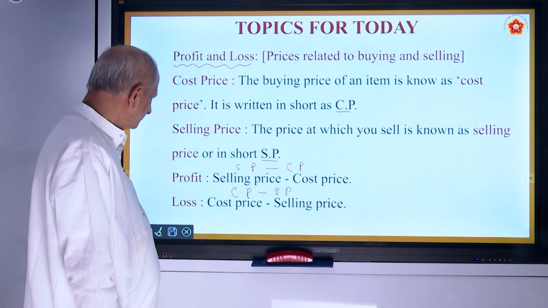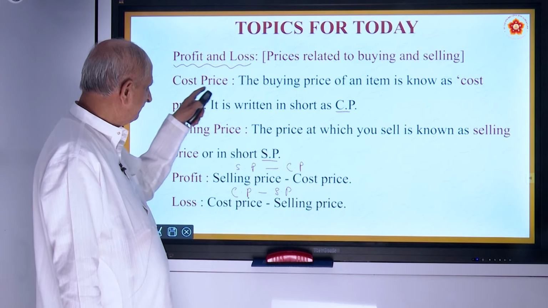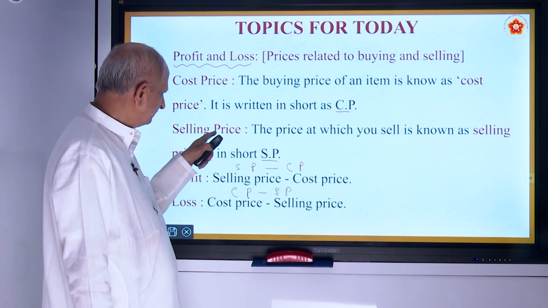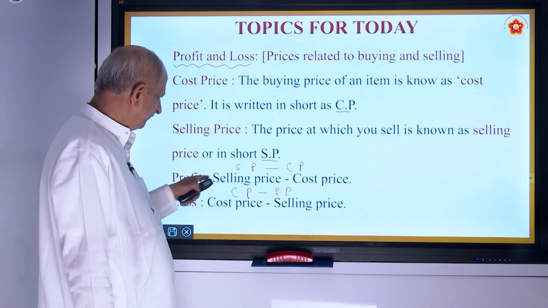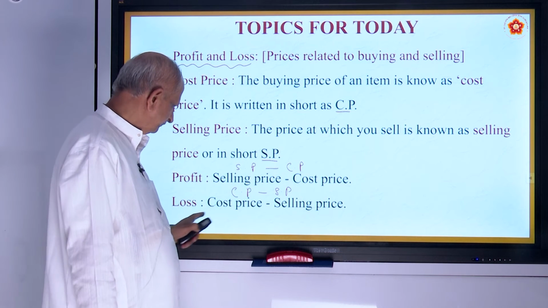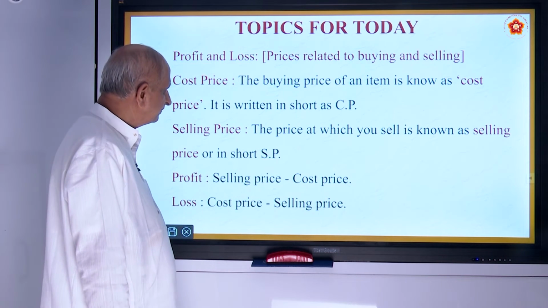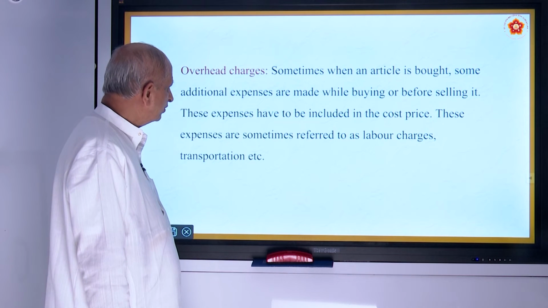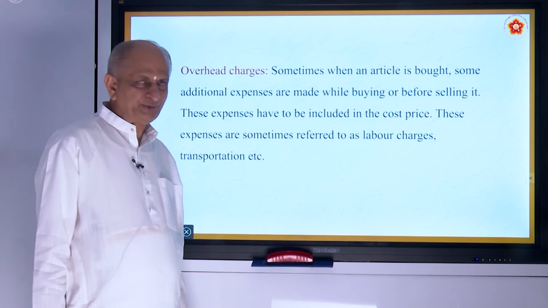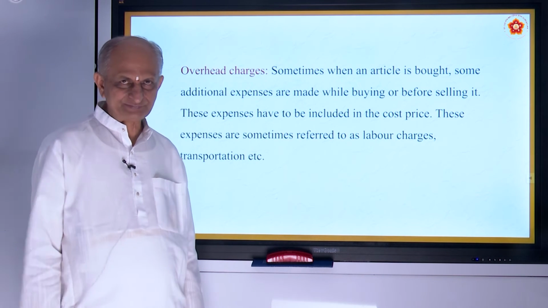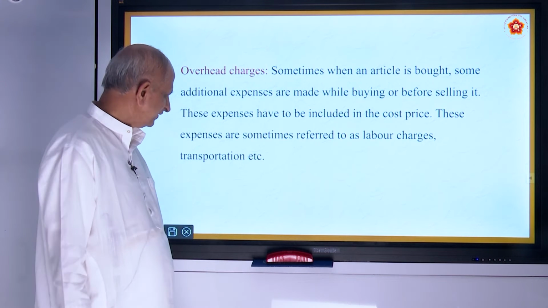Okay, so please note this: CP is cost price, SP is selling price, profit is SP minus CP, loss is CP minus SP. Noted? Now we will work out some problems, and also there will be some other expenses. What are the expenses?